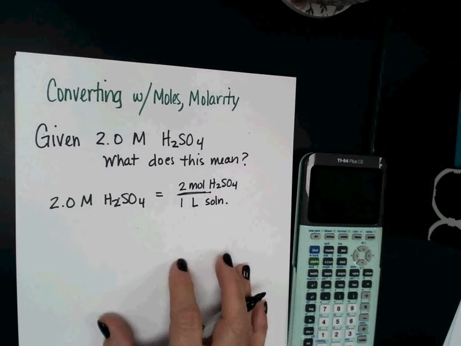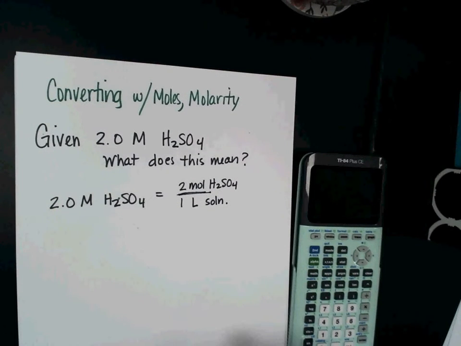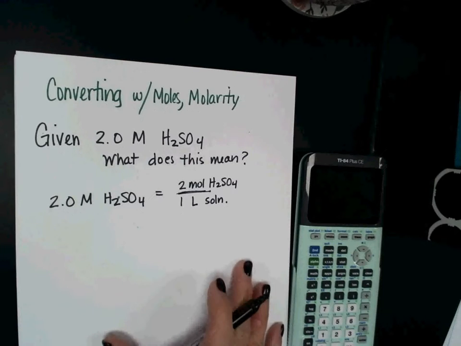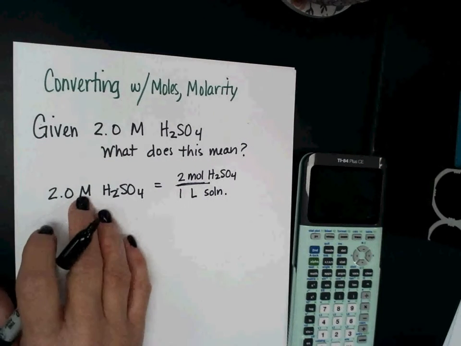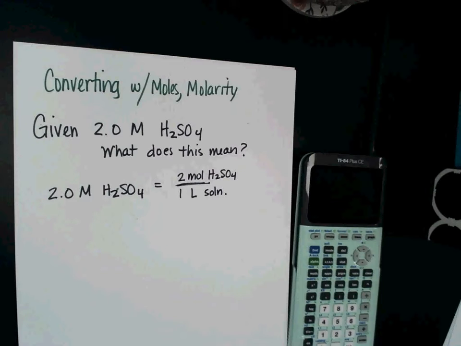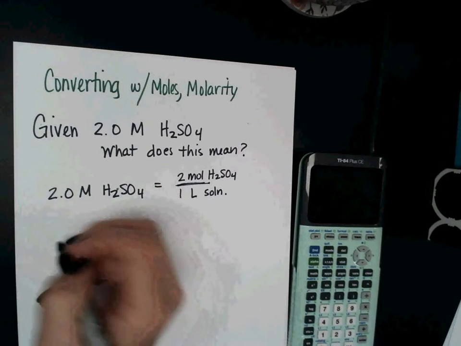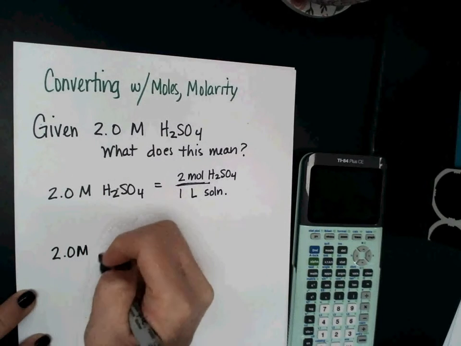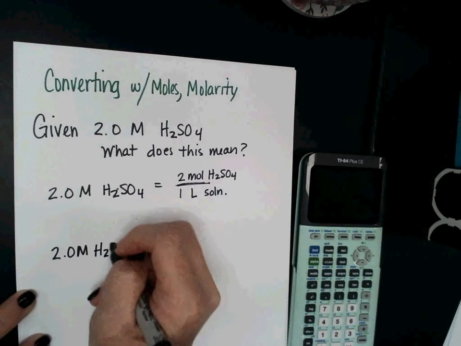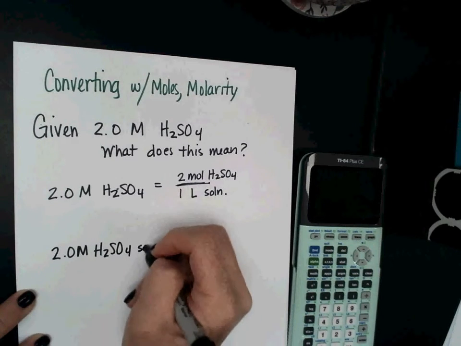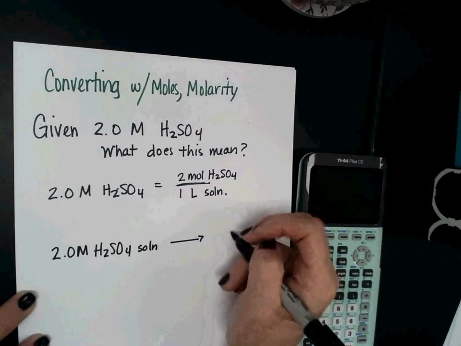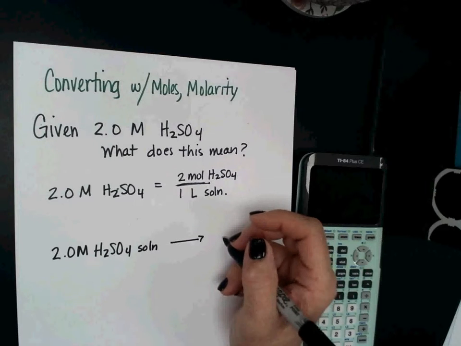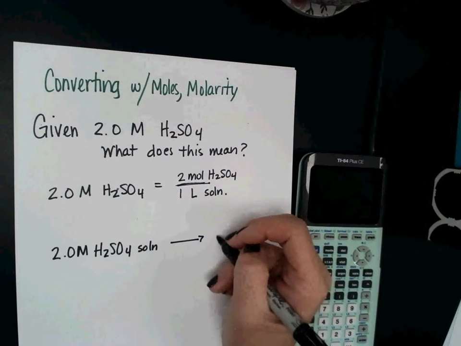Notice I didn't ask you to express the electrolyte concentration or any of that stuff. I just wanted you to tell me, what does this really mean? So then I could ask you, let's say you're given this 2 molar solution, and I want you to think of the most clear way to say this.